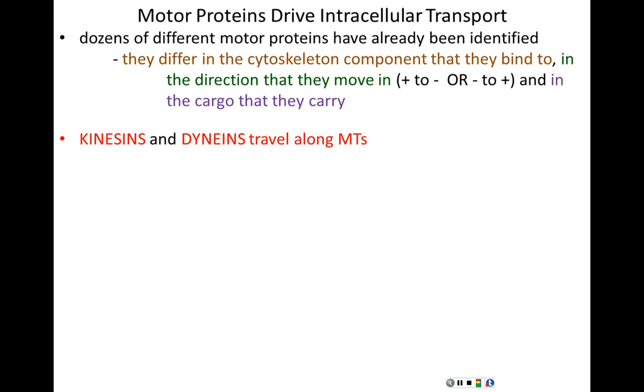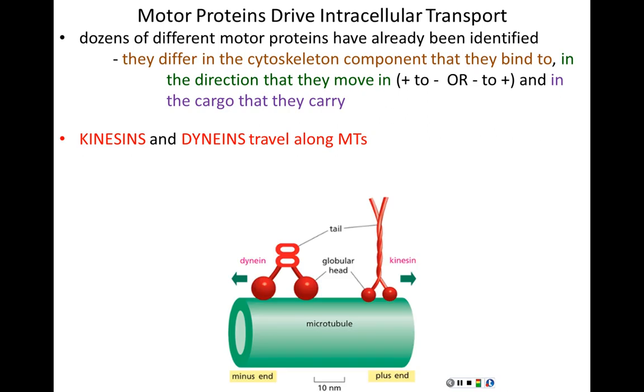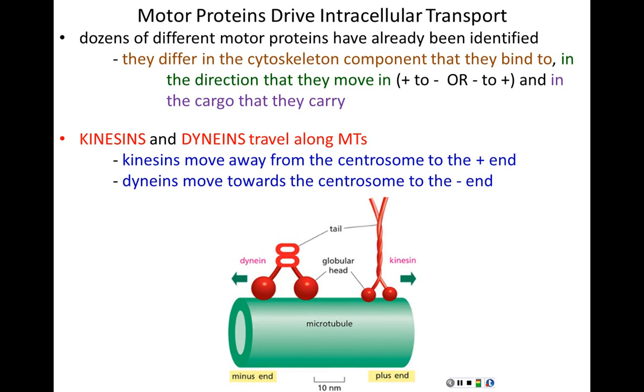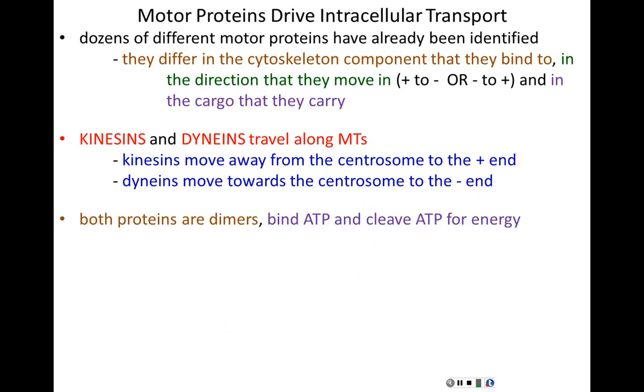Kinesin and dynein are both motor proteins that travel along microtubules. The main difference between them is that kinesin walks towards the plus end of the microtubule, while dynein walks towards the minus end. We could say this another way, though. Kinesins move away from the centrosome, where dyneins walk towards the centrosome. Both of these proteins exist as dimers.